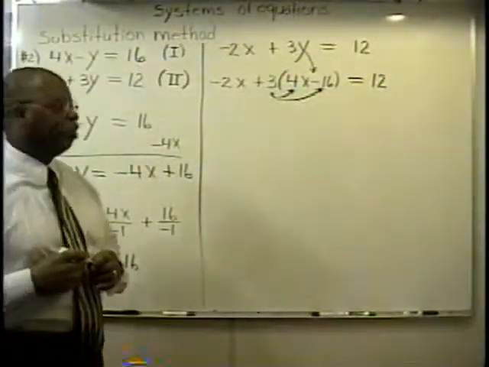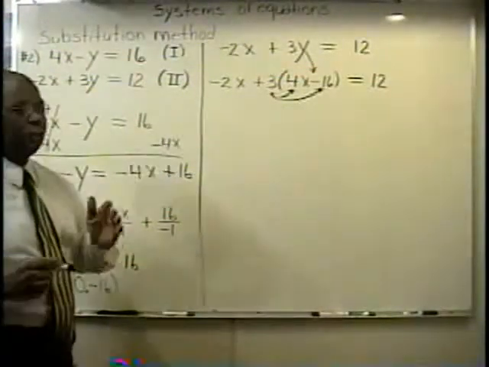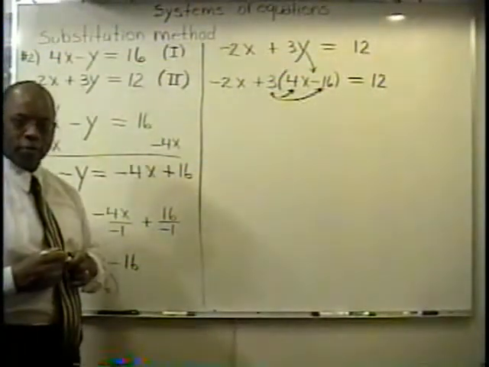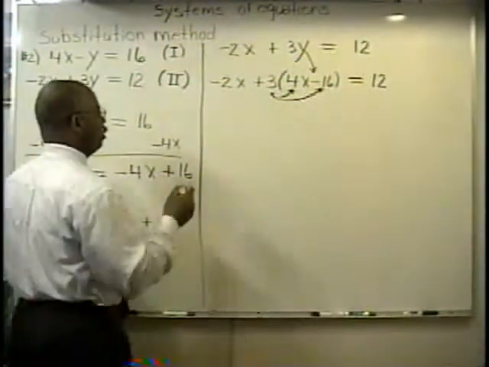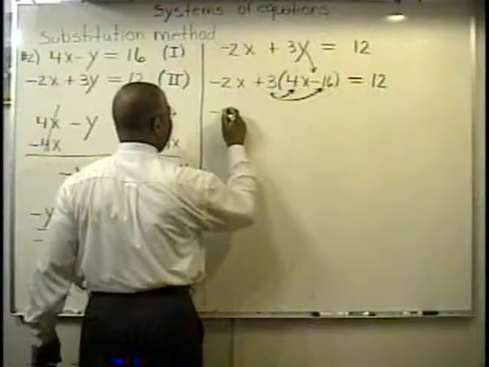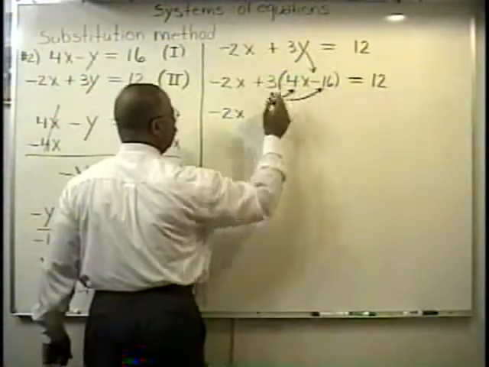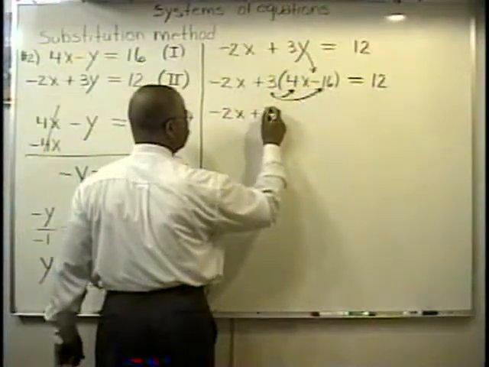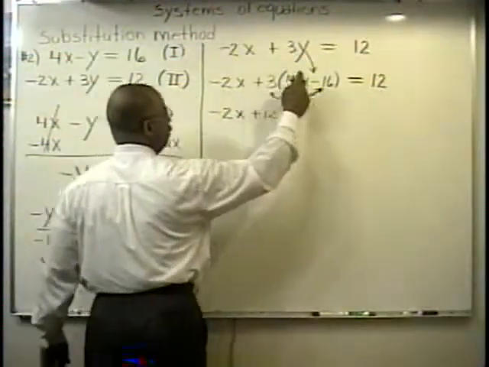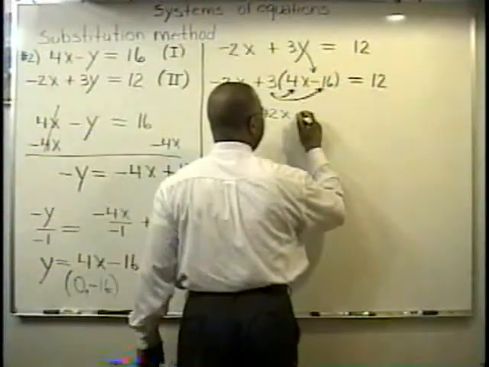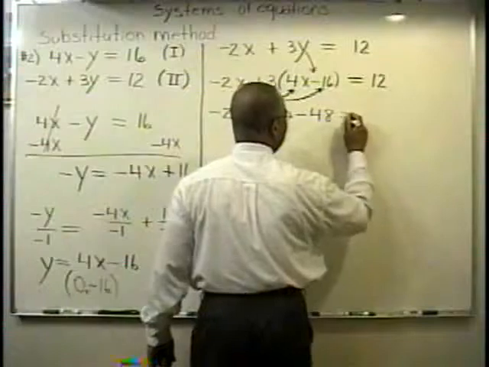That's the distributive property. So when I multiply everything through by 3, what is the result? Right now I have negative 2x. 3 times 4x is 12x, and 3 times negative 16 is negative 48. That is equal to 12.